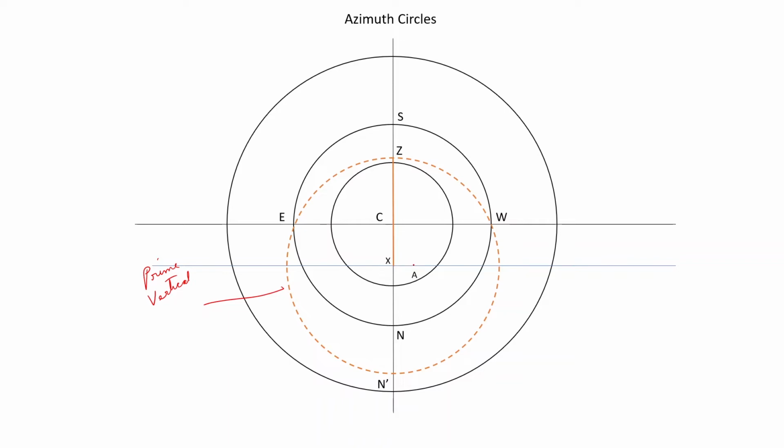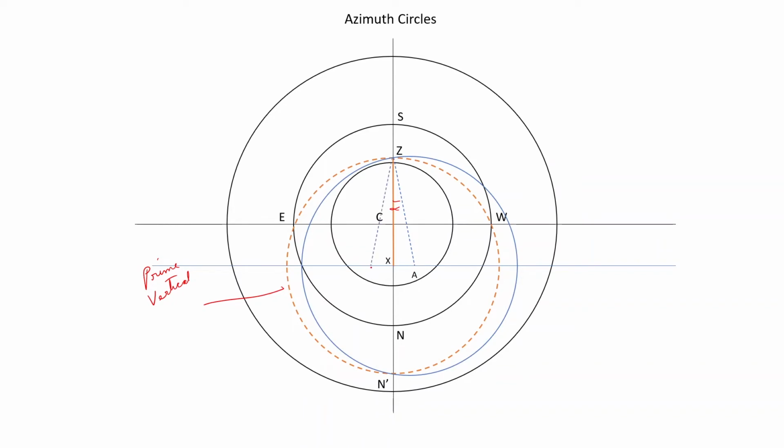Mark a point A on the horizontal line, passing through the center of prime vertical at an angle alpha with the zenith Z. ZA is the radius of azimuth circle at an angle alpha. Draw a circle of radius ZA, keeping A as the center.